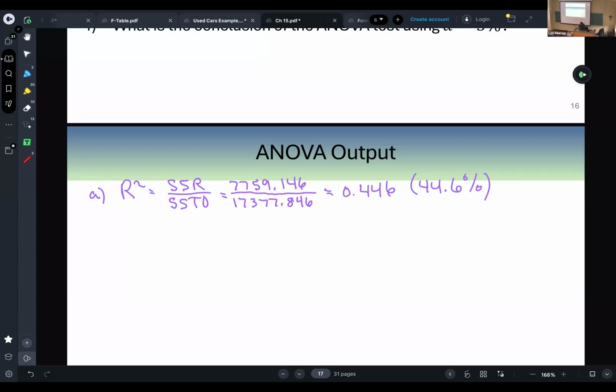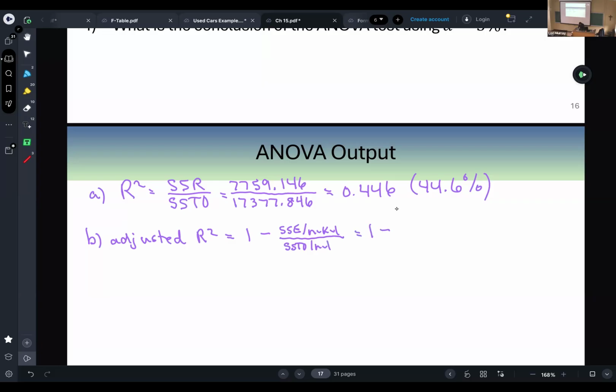And then the adjusted R squared, because it will take into consideration that there are 2 predictors, equals 1 subtract the SSE divided by n minus k minus 1, which is the MSE, and then the SSTO divided by n minus 1.